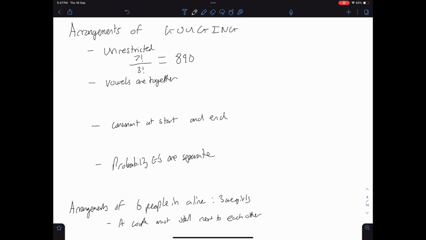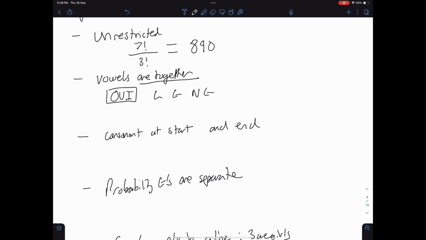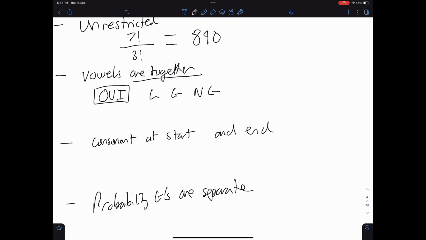Now, it says that it wants the vowels to be together. So what we do is when we want things to be together, we treat them as one object, and then arrange it as one with the rest of them.